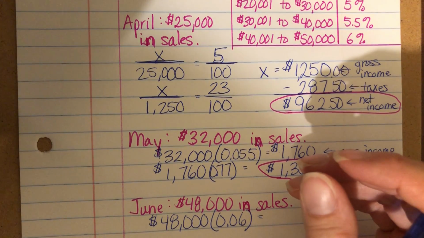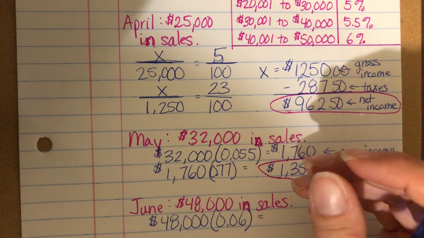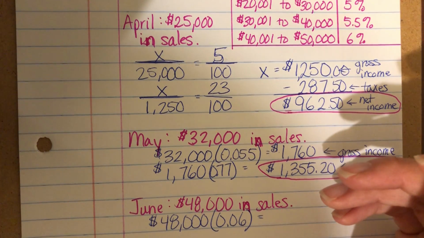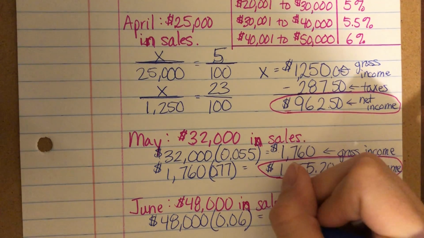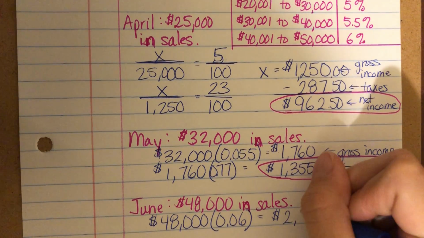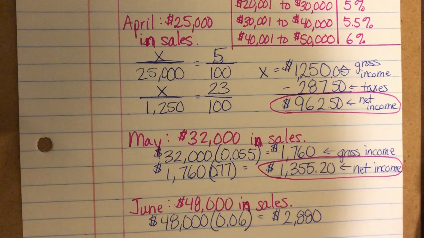I'm gonna do my math real quick. 48,000 times 0.06. All right, so her gross income is $2,888.